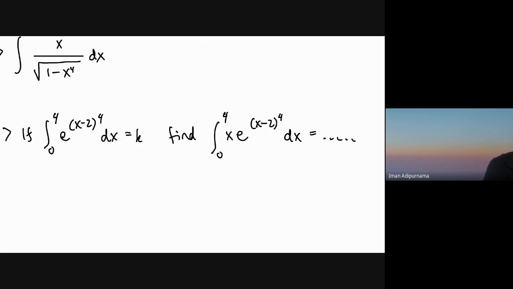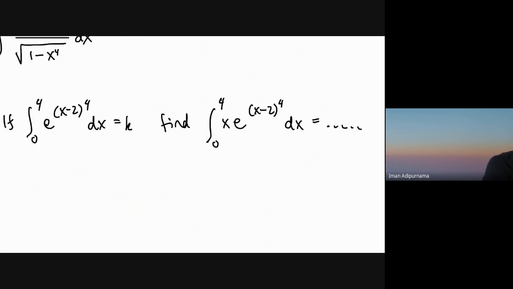Now we are going to use the substitution method. Of course, if you look at the functions here, with e, it seems that to check with another method we would need integration by parts.